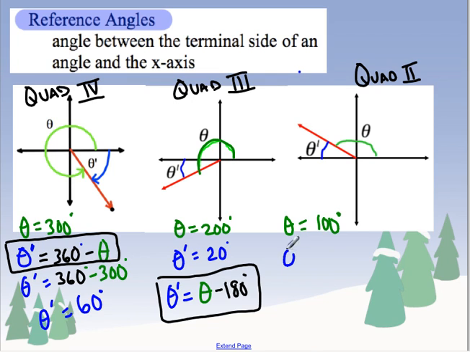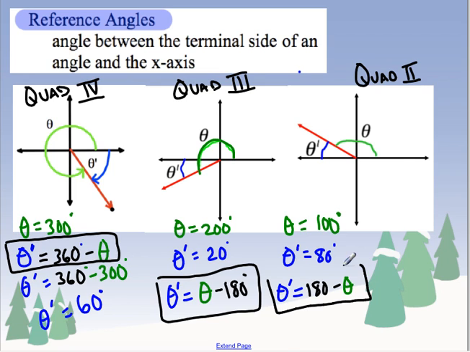So we know that our reference angle is going to have to be 80 degrees. And again, if you like your formulas, the way we got that reference angle was basically taking 180 and subtracting off the green stuff. So taking 180 degrees and subtracting off the original angle.